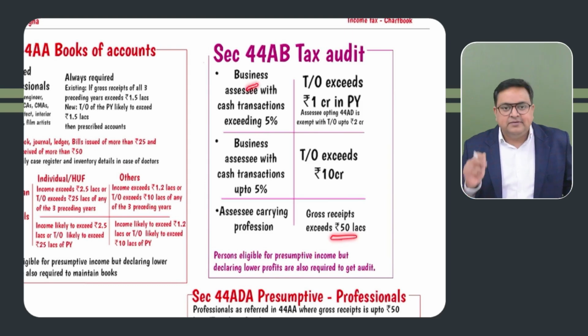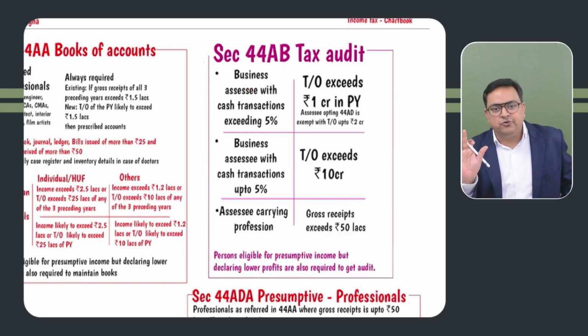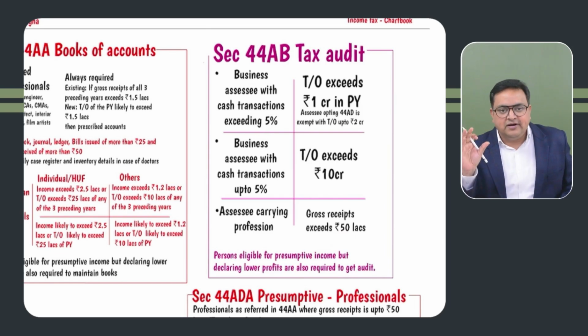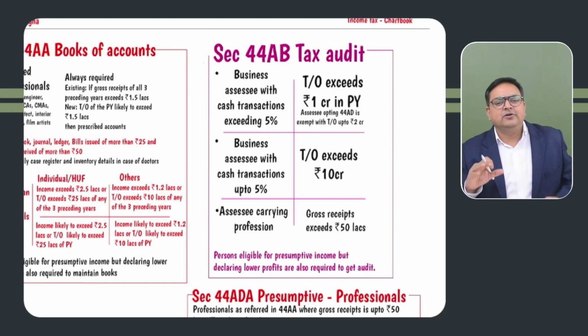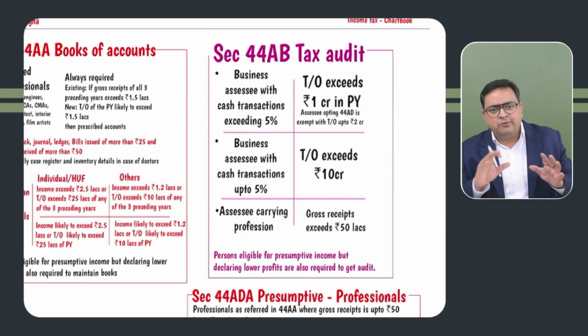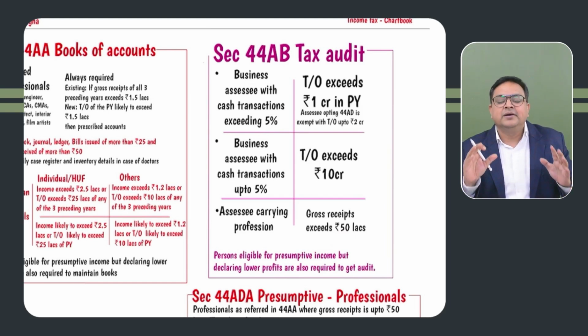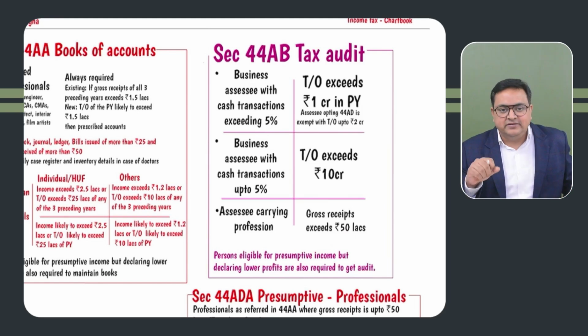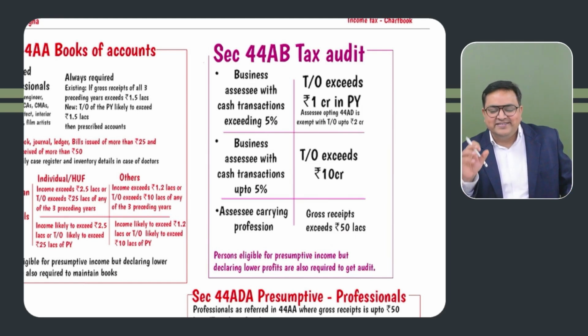For businesses, the turnover limit is 1 crore rupees. So if the business turnover is more than 1 crore, they are required to get their accounts audited. But we are giving a relaxation to some businesses up to 10 crore rupees. If their turnover is up to 10 crore rupees, they are not required to get their accounts audited, provided they have transparent transactions. What are transparent transactions?